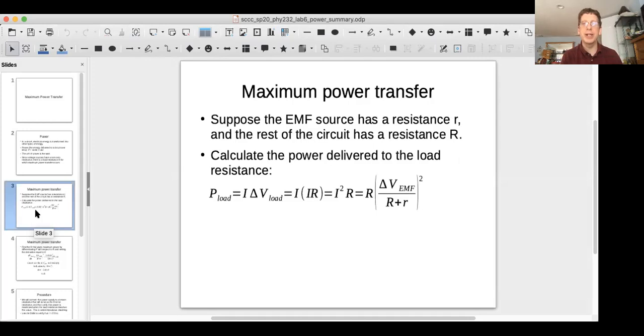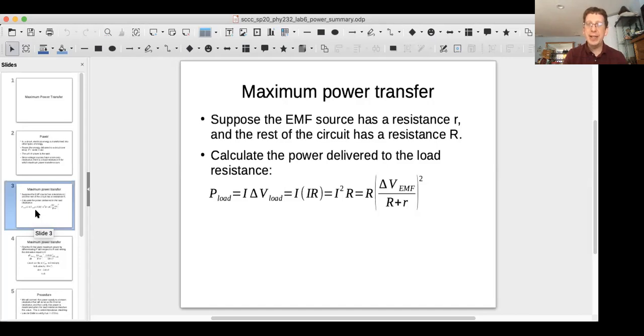That's the current multiplied by the voltage across the load, which is equal to I squared R, where R is the external resistance, and I is the total voltage divided by the total resistance. That comes from Ohm's law. So it's the voltage out of the power supply divided by capital R plus small r, and you're squaring that term.